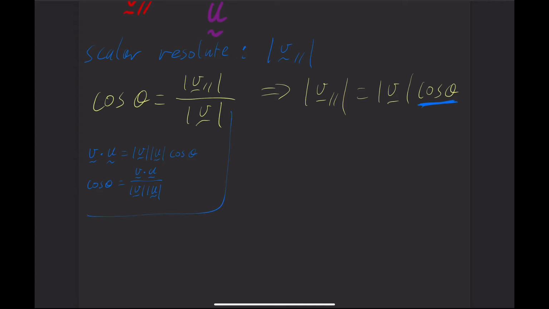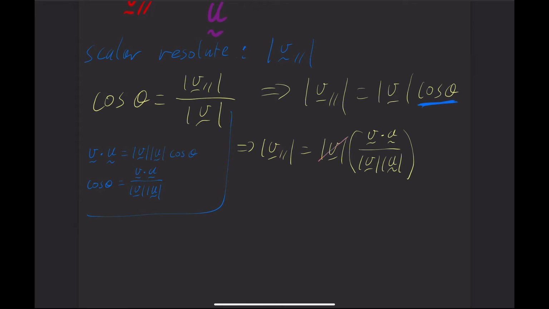Let's rule that off. So now we can say that the magnitude of v parallel is equal to the magnitude of v times v dot u over the magnitude of v, magnitude of u.